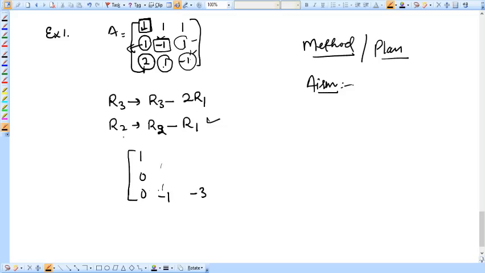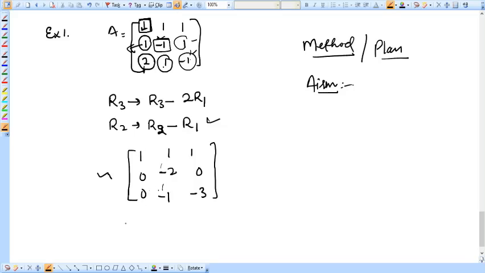Row 2 is operated as row 2 minus row 1, so 1 minus 1 is 0. This matrix is equivalent to the following.